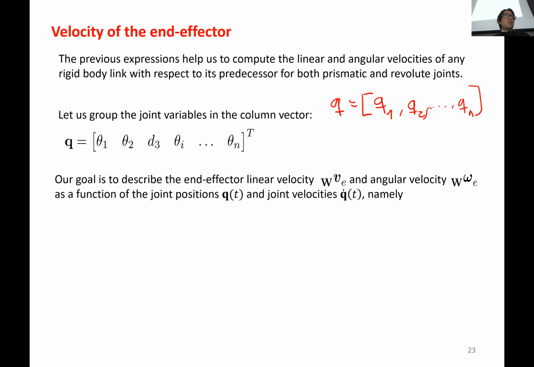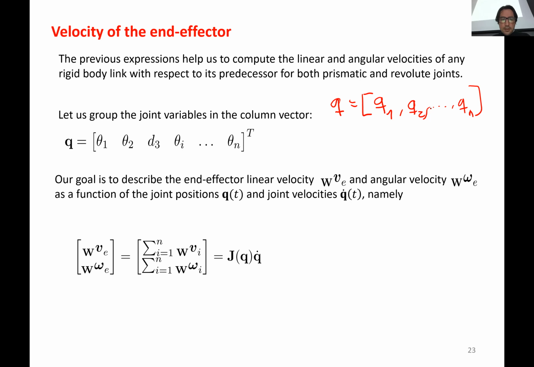The goal that we have is to describe the linear velocity of the end effector, always denoted by the e, and the angular velocity of the end effector as a function of the joint positions and the joint velocities, so this q vector and its derivative. In the end, what we want is an expression like this.